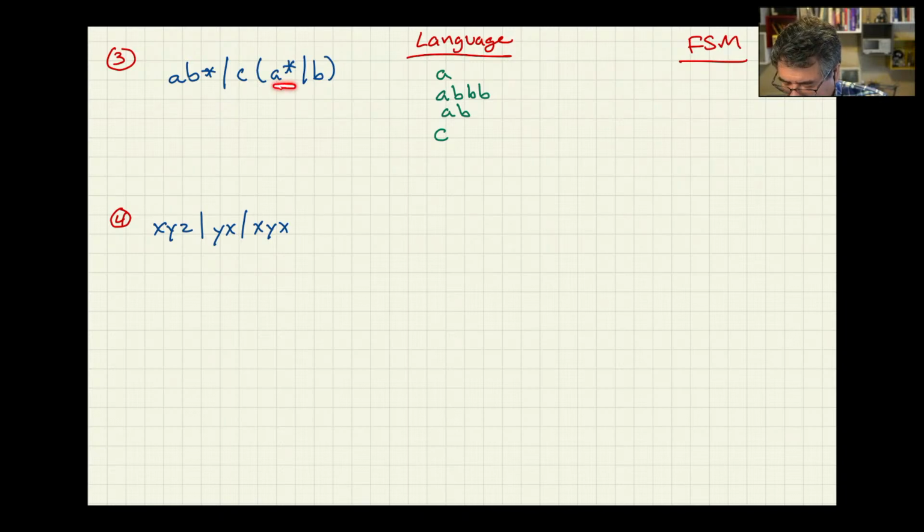Any number of A's or a single B. So we could just do C by itself, or we could do CA, or CAAA, or CB, and then that's it.